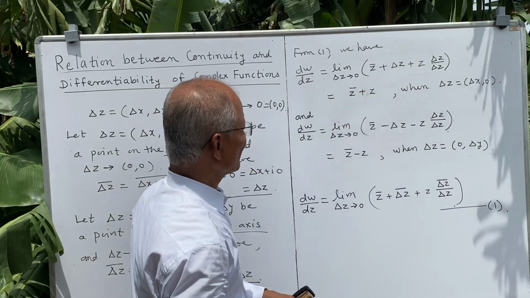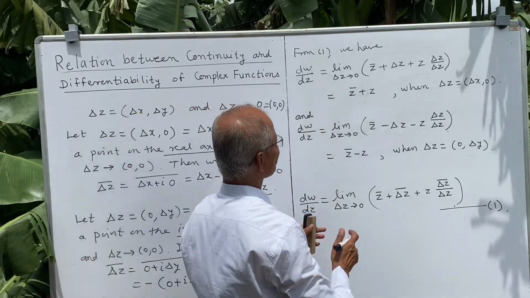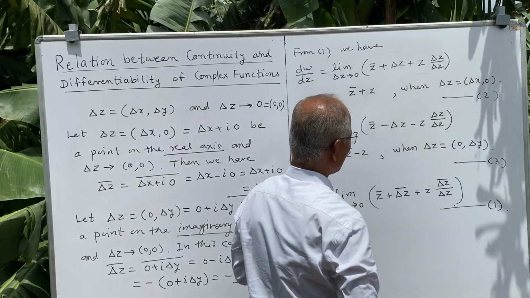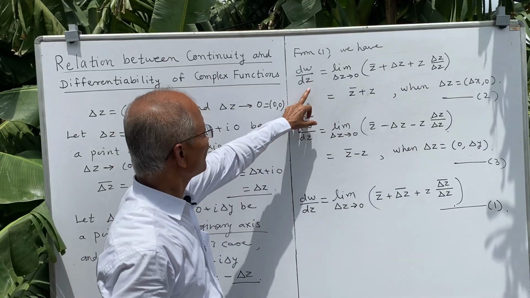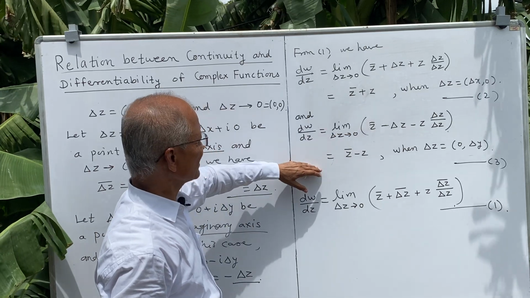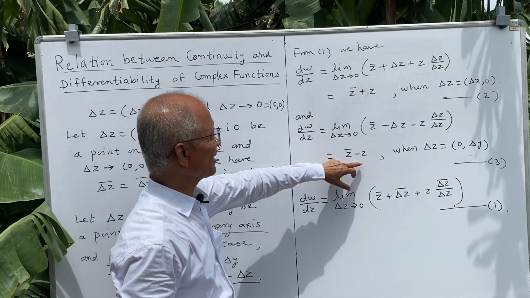So thus we have 2 and 3: the derivative dw by dz is z bar plus z in the first case, and in the second case dw by dz is z bar minus z.